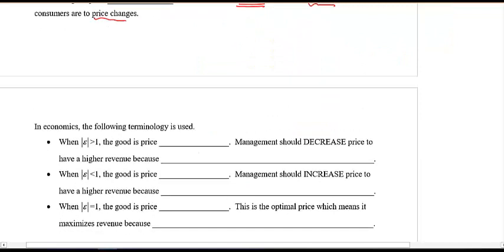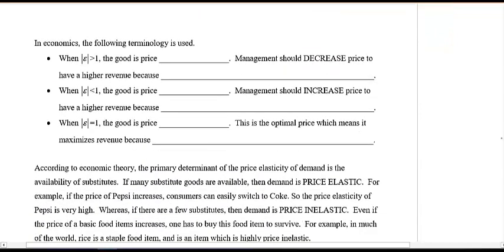So turning the page, in economics, we have this particular idea. When the elasticity, this E value, is greater than 1, we say the good, or that item that you're trying to sell, is price elastic. And therefore, management should decrease the price in order to have a higher revenue because, in this case, the percentage change in quantity is much bigger than the percentage change in price.